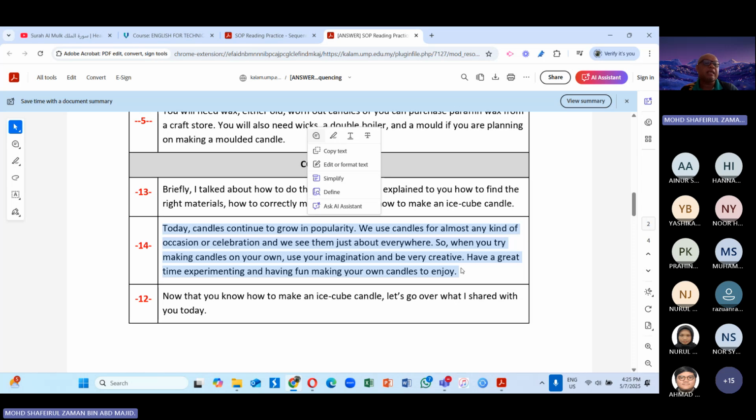I'm not sure whether I can make it to Gambang by 4 o'clock, but I will keep you updated. Maybe we are going to have the test a bit later, maybe on Friday, for example. So you just need to come and do the test, and then you can go back. I will be discussing it later in our WhatsApp group.